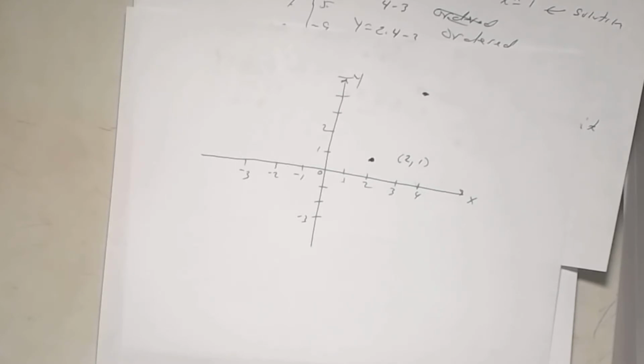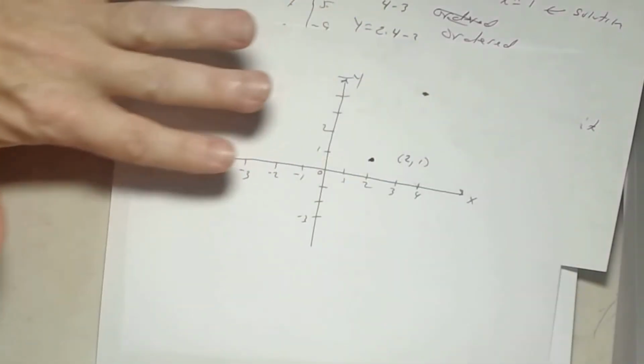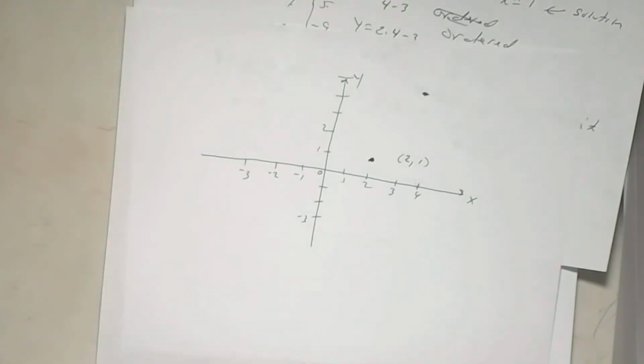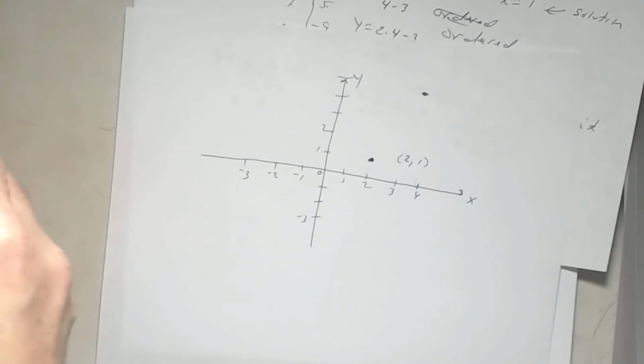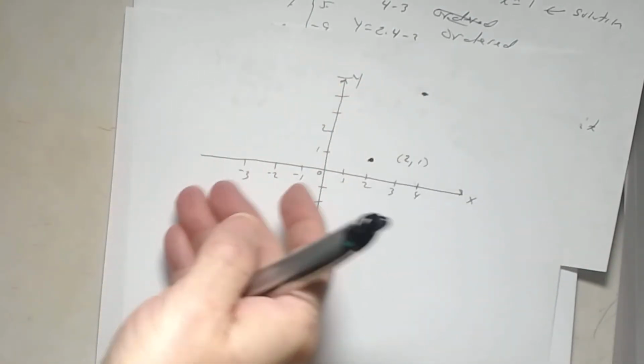Now, before we do the next one, let's talk about the word quadrants. The x and y axis divides the plane. If you think of this sheet of paper as a plane, which extends in all directions, it divides this plane into how many parts? 4. These parts are called quadrants.